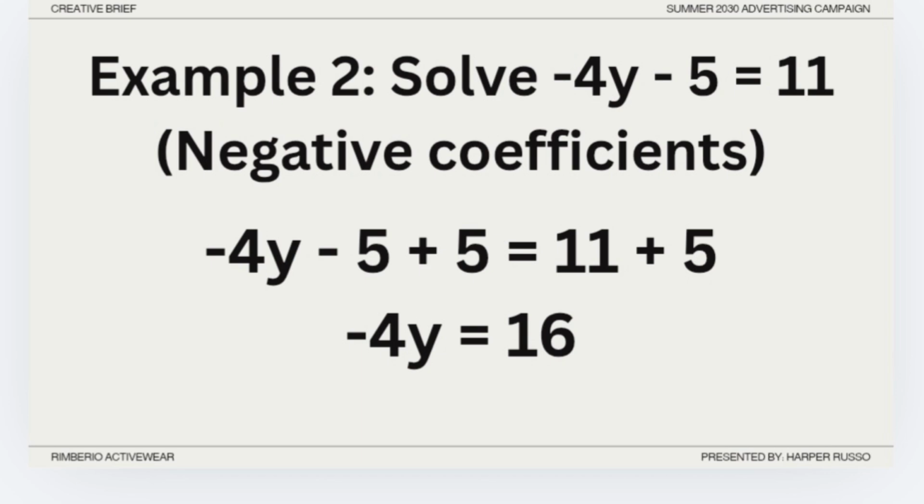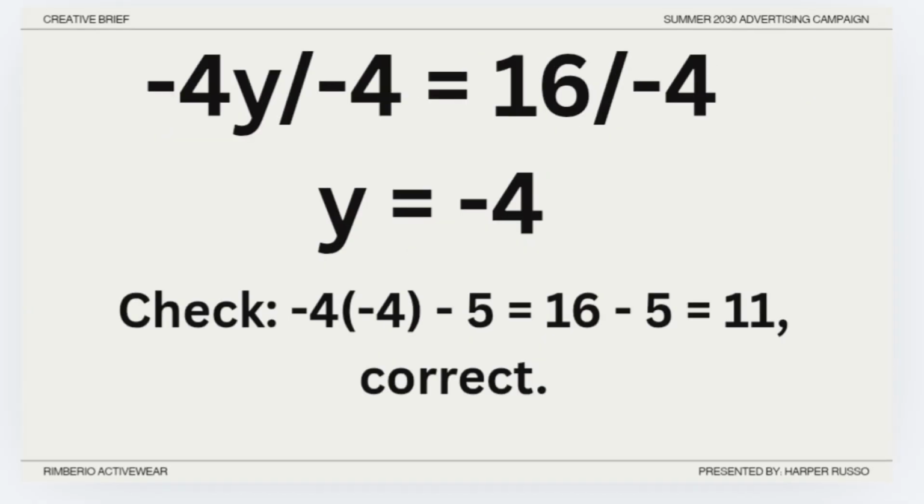Example 2. Solve -4y - 5 = 11. Negative coefficients. Step 1. Add 5 to both sides. -4y - 5 + 5 = 11 + 5. So -4y = 16. Step 2. Divide both sides by -4.